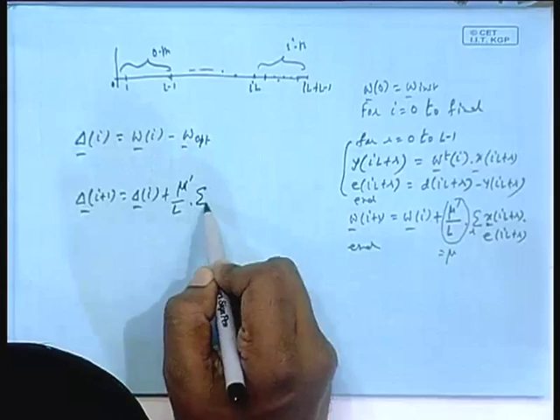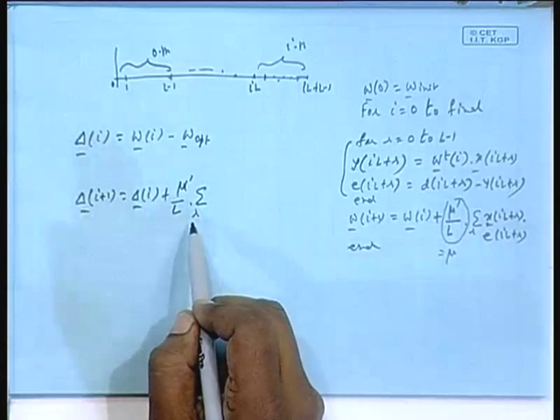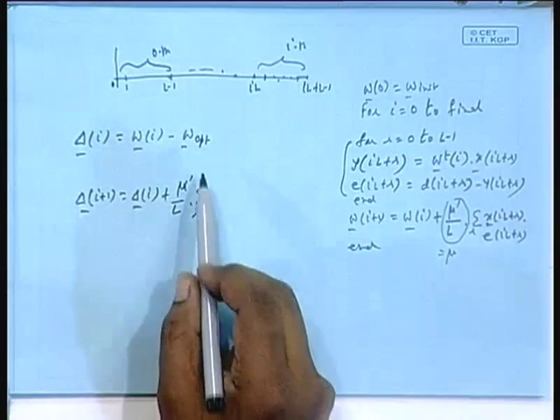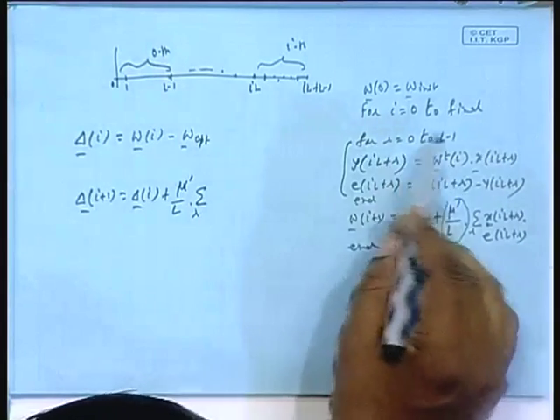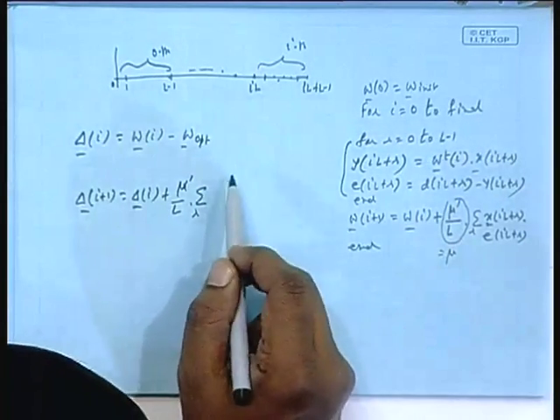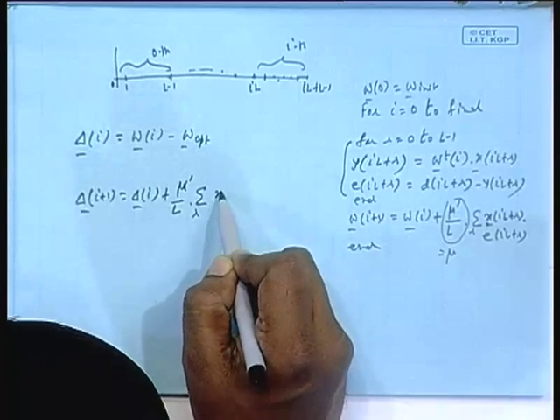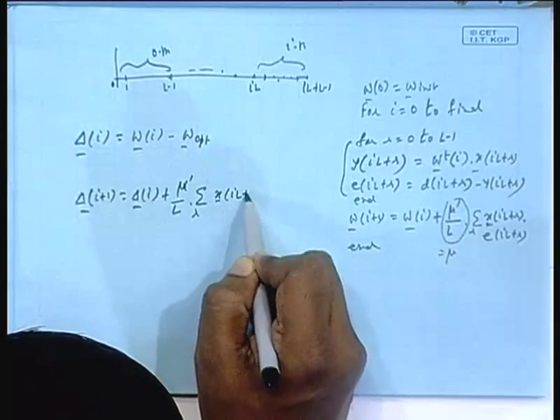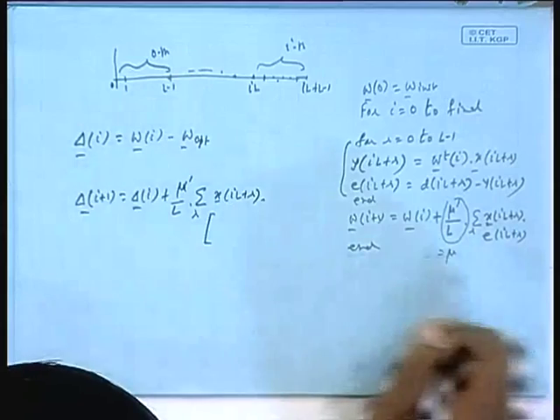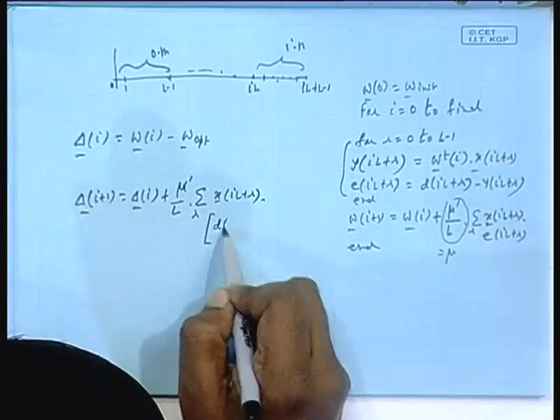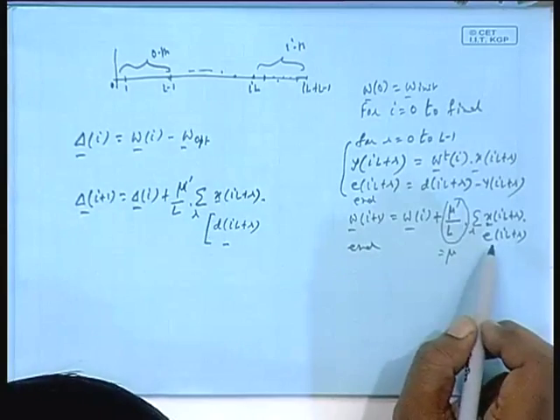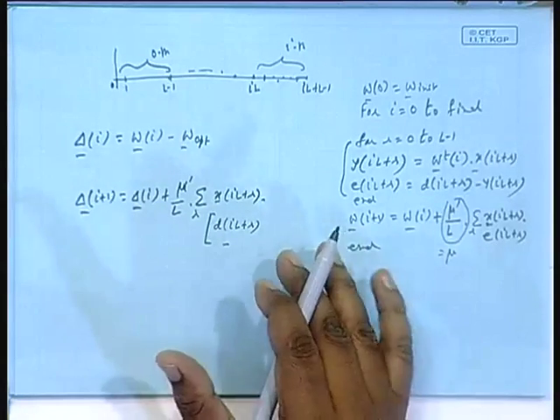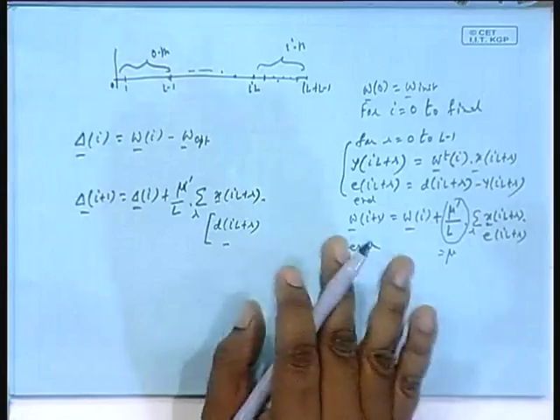So, this summation remains as it is over R. When I say summation over R, I am not giving the index R equal to 0 to L minus 1, that is understood. So, this first component, the data vector at IL plus R, remains as it is, and then this guy is minus W transpose X or X transpose W, which are the same, at least in the real case.